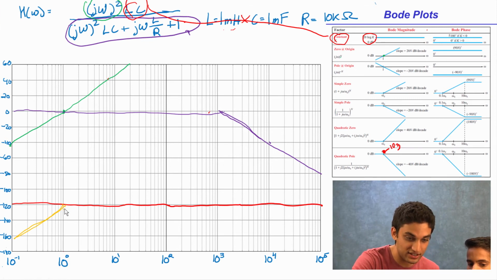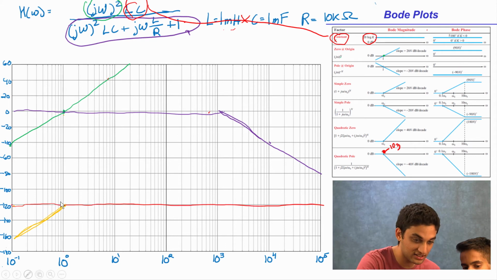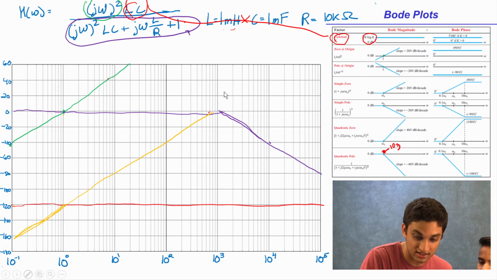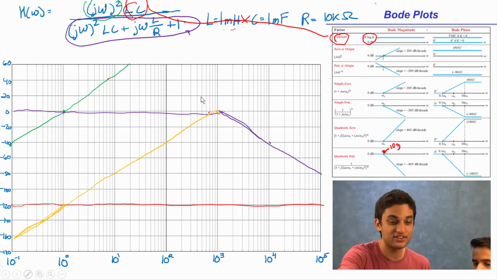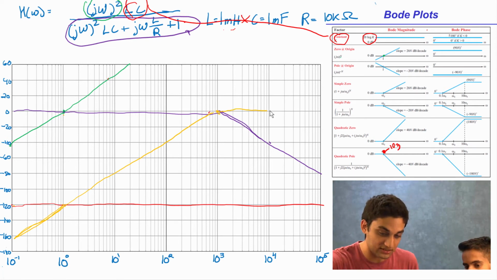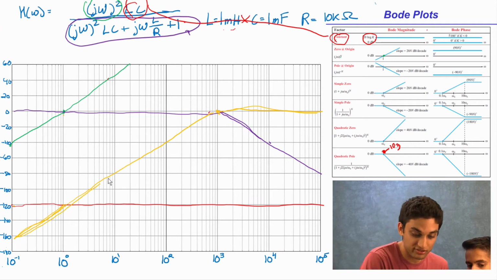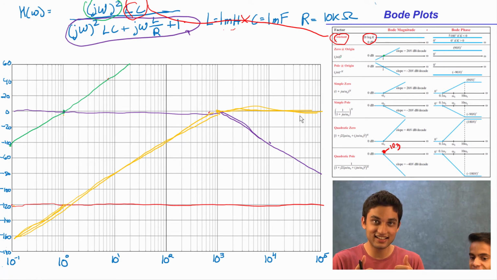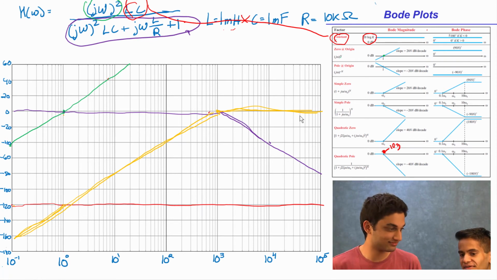And then here you keep increasing, and now it keeps going up, so we go at 40. We go at 40 all the way to the top until we reach this point where we start increasing at the same rate at which we start decreasing. So from here, it becomes a baseline too. It becomes flat. So that's our magnitude Bode plot from here to here. Ta-da! Great.